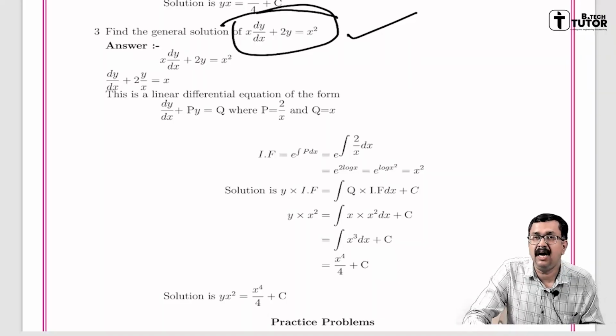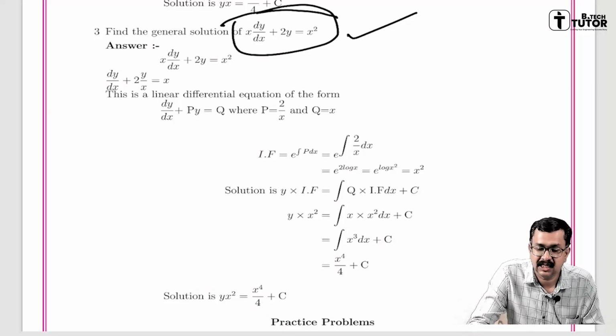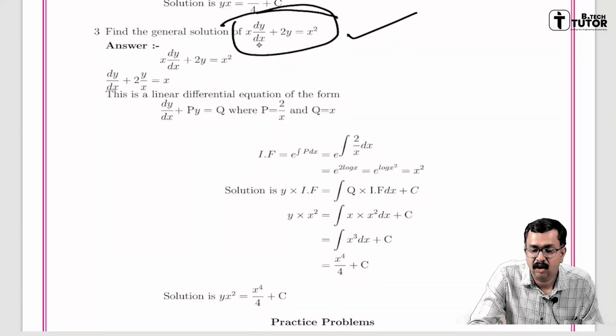First, we want to remove the x that is in front of dy by dx. Then we can compare it with the standard equation.